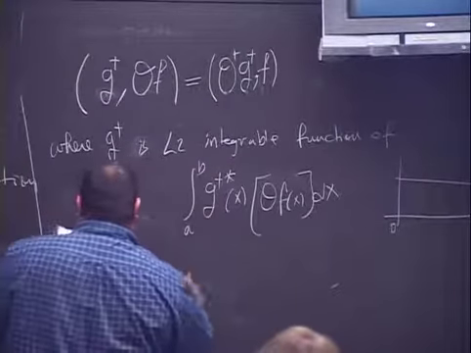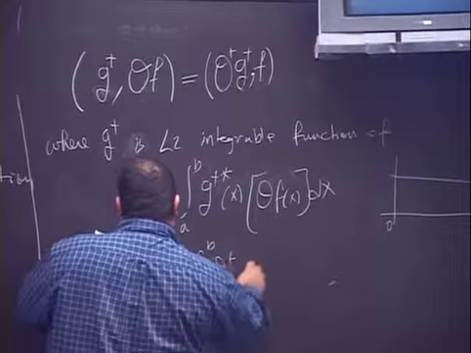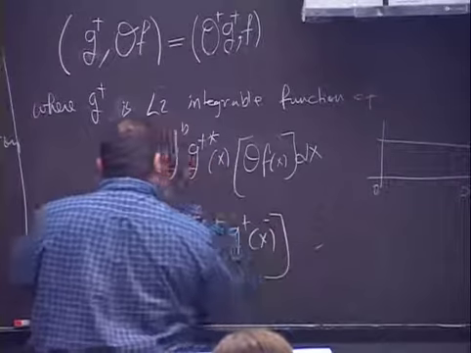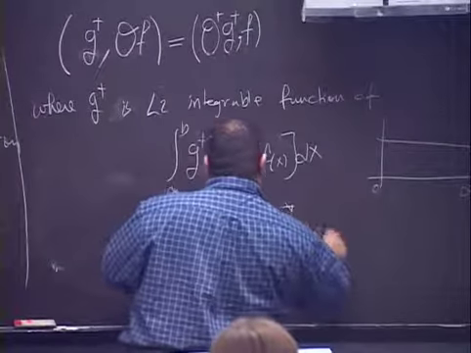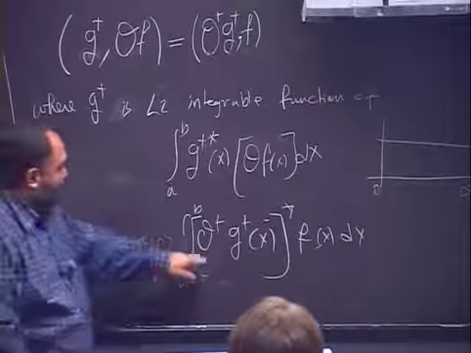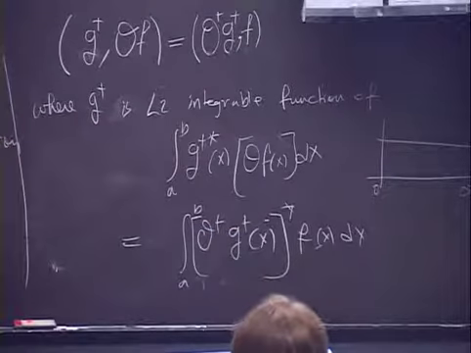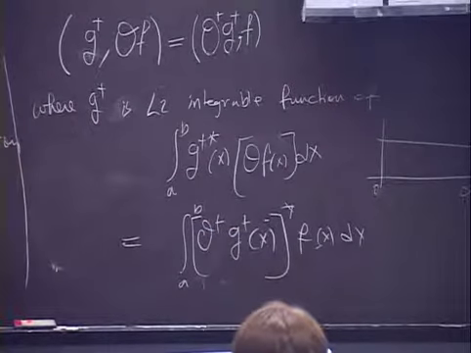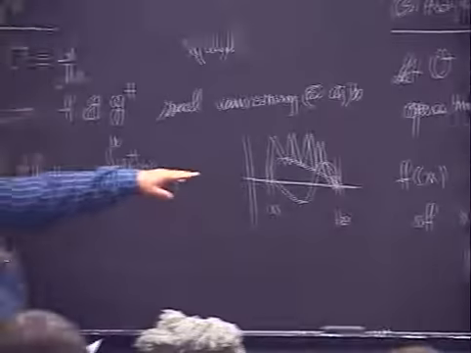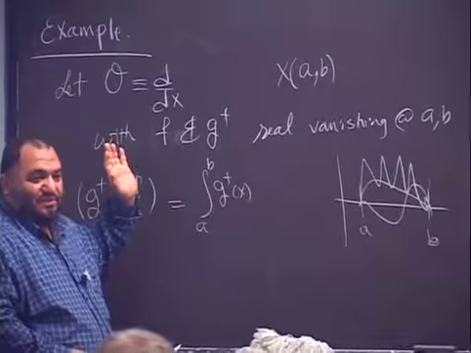the integral from A to B again of the adjoint operator operated over the function g multiplied by f of x. As you see here, the star will go away because this is a real function.